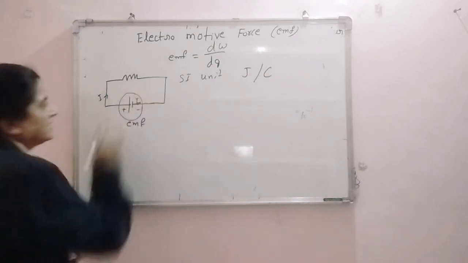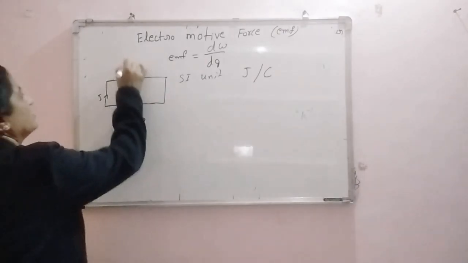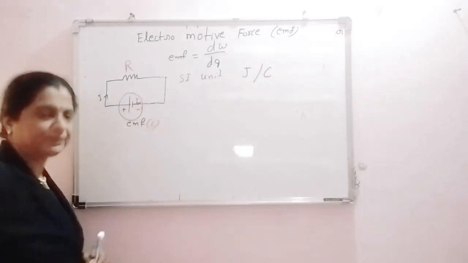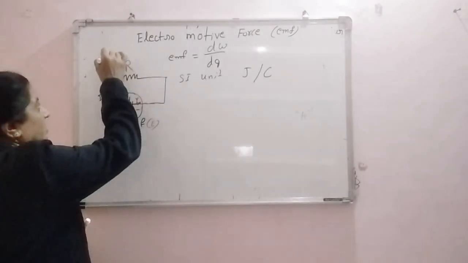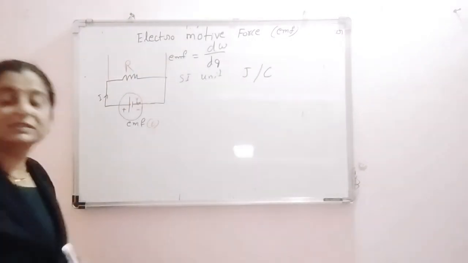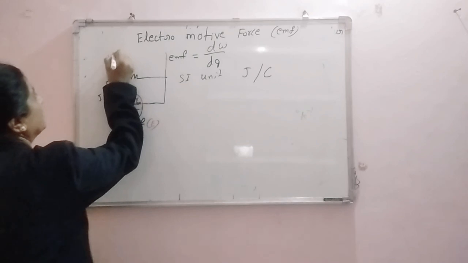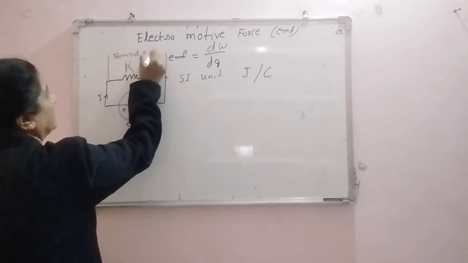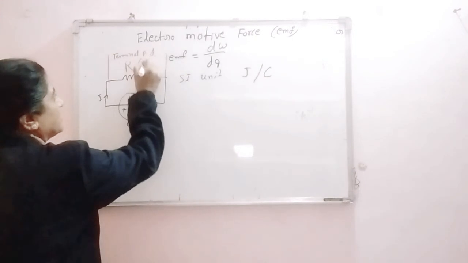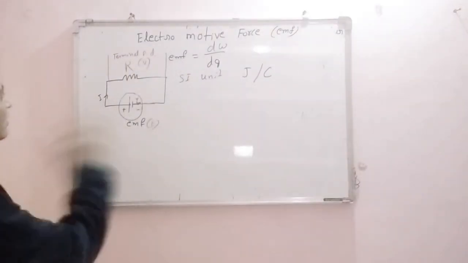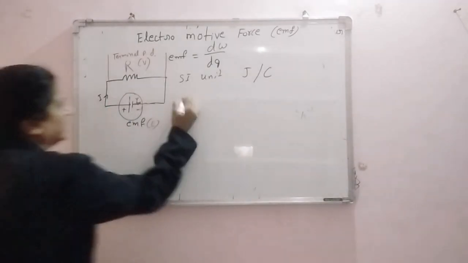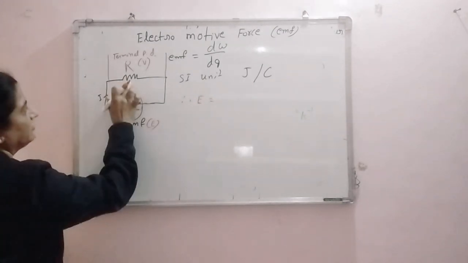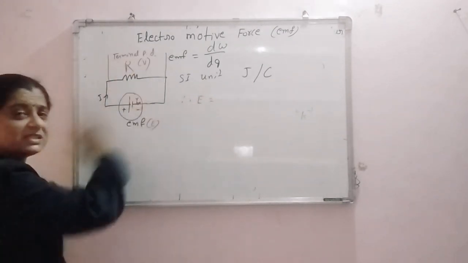EMF is always represented by the letter E, and the voltage across the external resistance is called the terminal potential difference, represented by the letter V. The same current flows through the external resistance as well as the internal resistance.